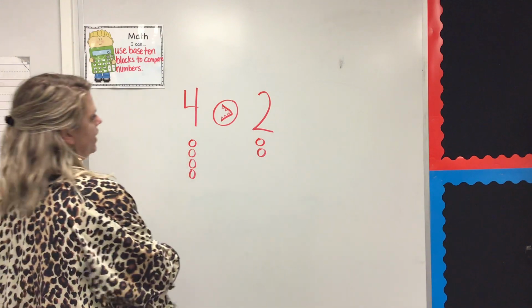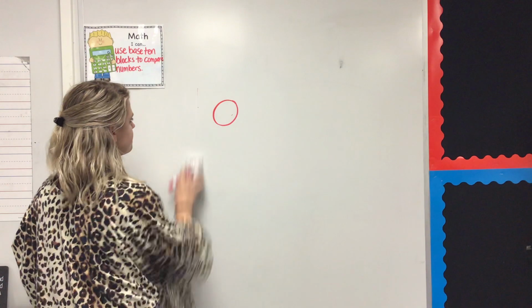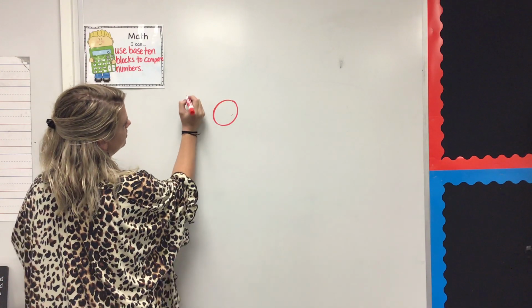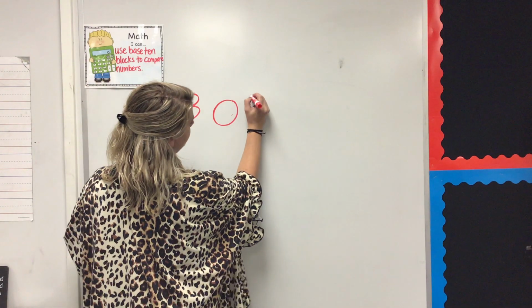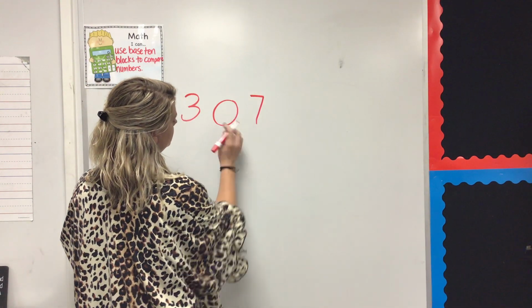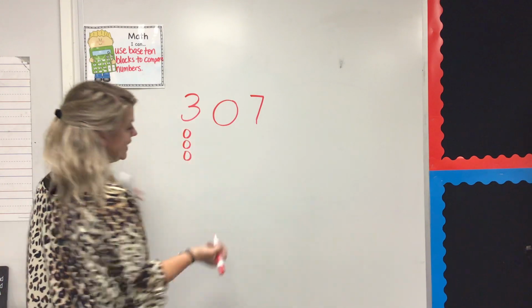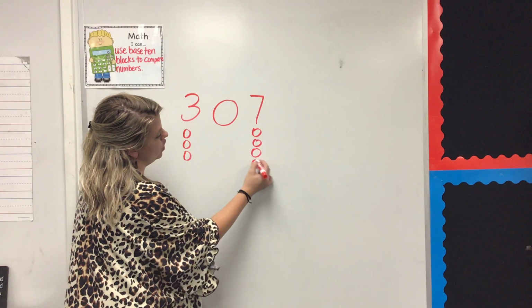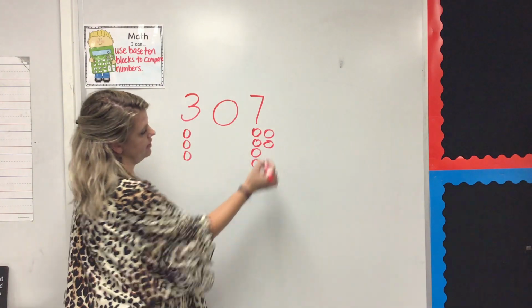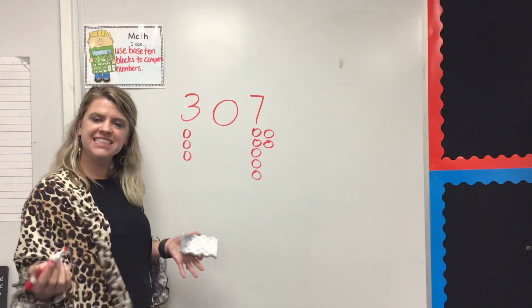Let's look at another one, all right? Here we go. We're going to look at this one. I have the number 3 and the number 7. All right, I'm going to draw a quick picture. 1, 2, 3. 1, 2, 3, 4, 5, 6, 7. All right, what can I put here? Let's think about this.